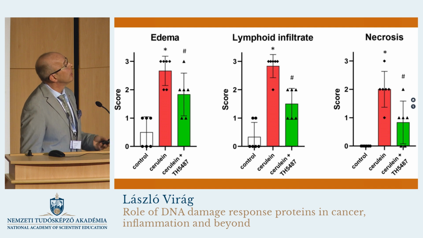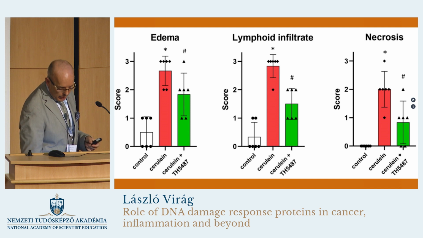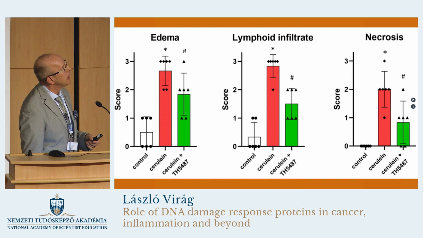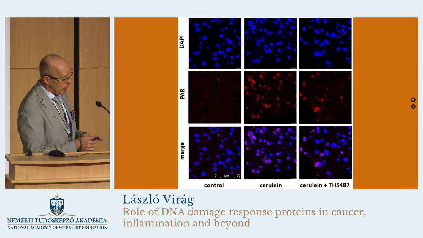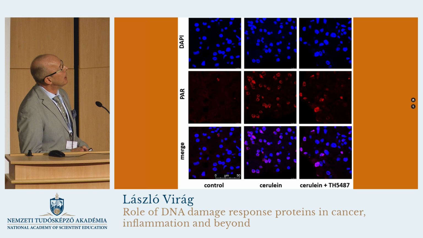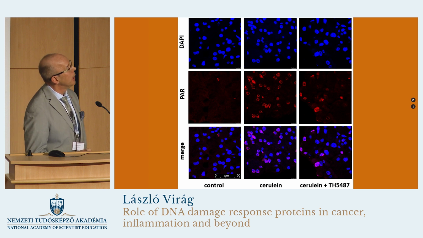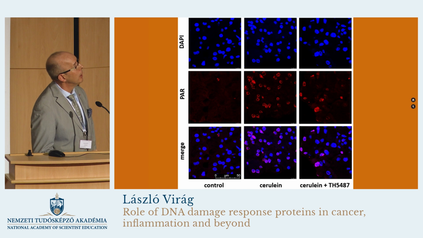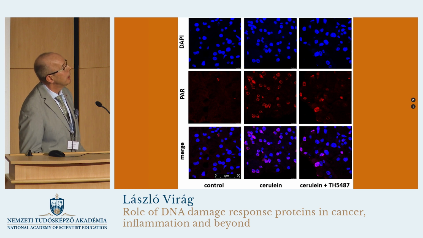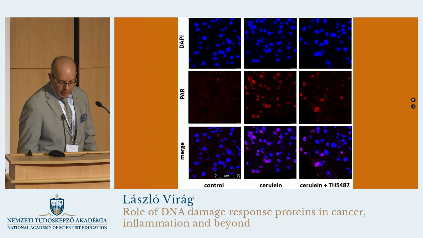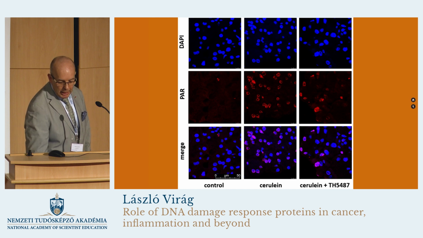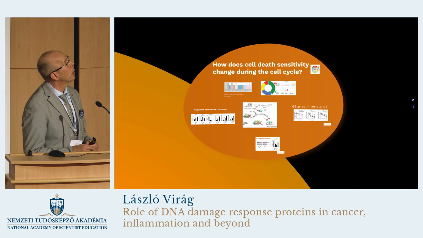Also, these inflammation and damage markers could be quantitated and showed the same thing. What about poly-ADP ribosylation? Well, indeed, there was lots of poly-ADP ribosylation in the pancreas, much less when OGG1 was inhibited, because the oxidized guanine remained in place and no endonuclease could cleave the DNA and activate PARP1.